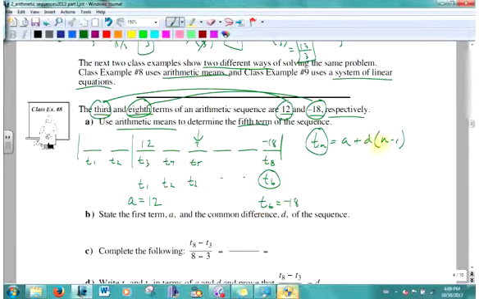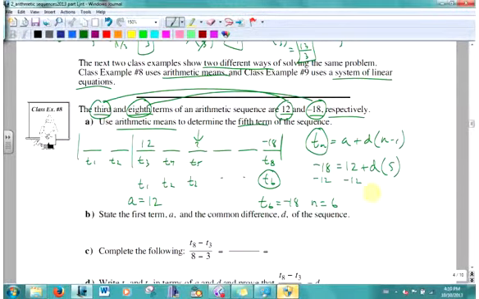And if I know T6, I know N. That's 6, right? So let's make substitutions. This is minus 18. A is 12. D is what I'm trying to find out. N is 6. 6 minus 1 is 5. Okay, one equation, one variable, I can solve this.